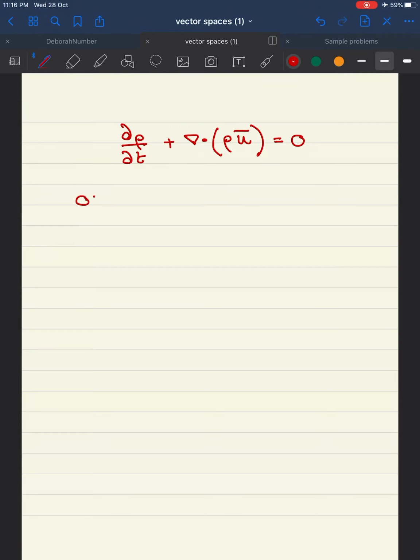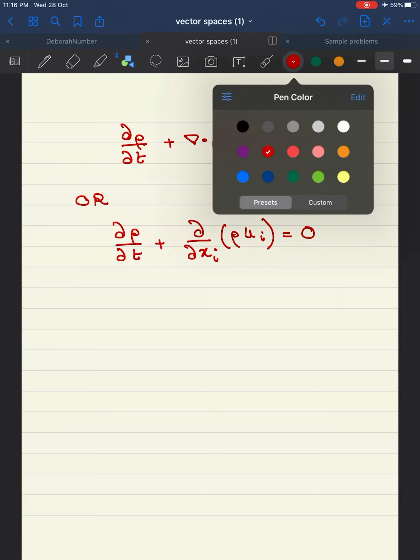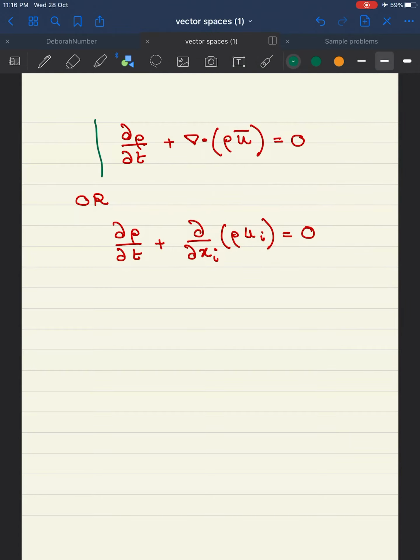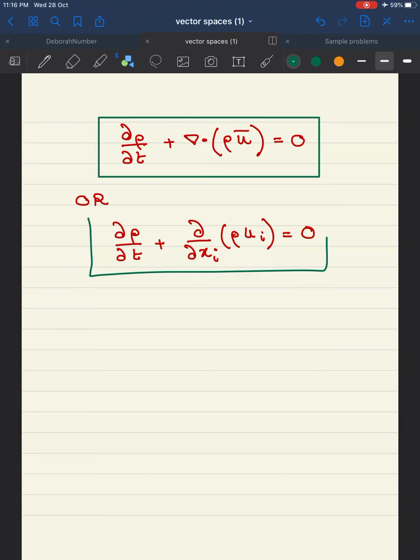Or in index notation, if you want to write it, this equation is rather straightforward, so it's not a bad time to check your index notation or practice it. So these are the important equations. They're all equivalent. They're all the same equation, right?